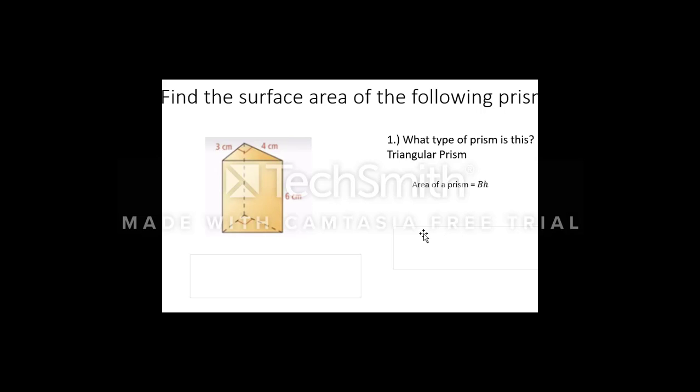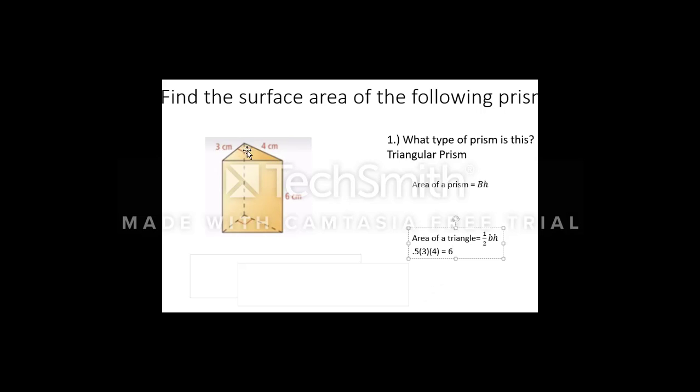So how are we going to find the area of the base? It is a triangle. As we know from our reference formula sheet, the area of a triangle is 1/2 base times height. So in this case, the base of the triangle is 3. So it's going to be 1/2, 0.5, times 3 times the height 4. So that's going to give us 6.